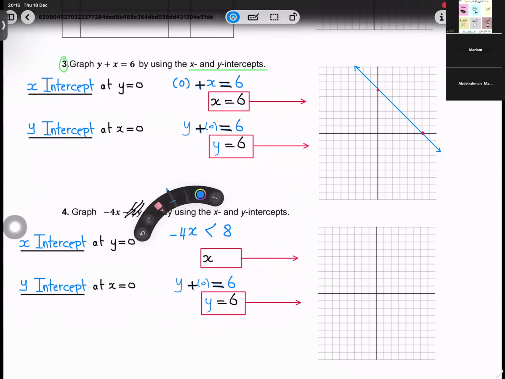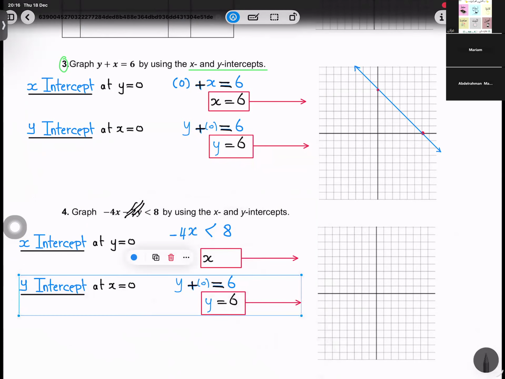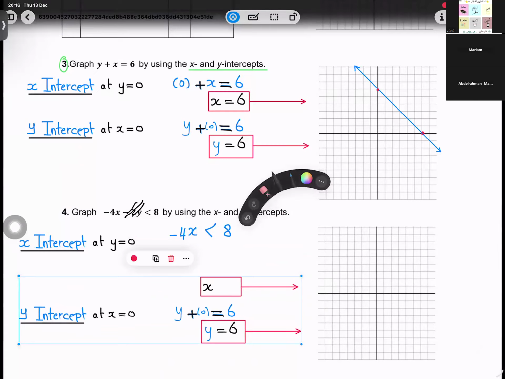So we divide by negative 4 on both sides, because you need to isolate the x. Bravo.